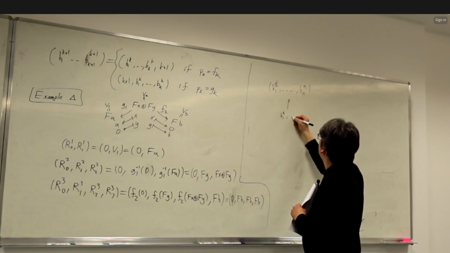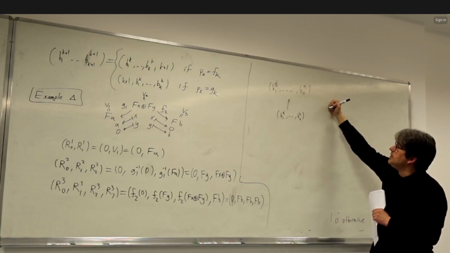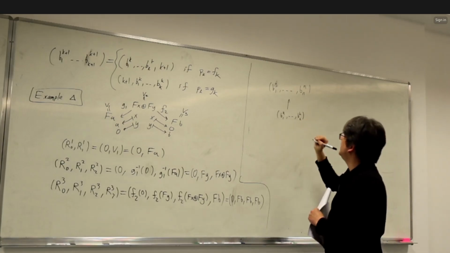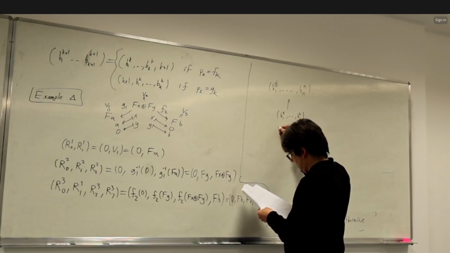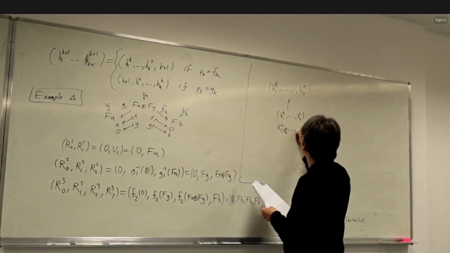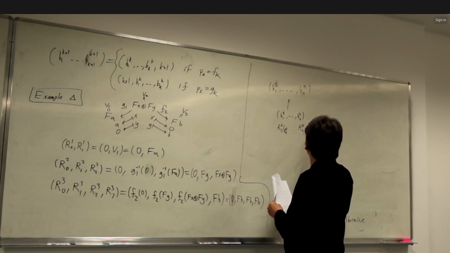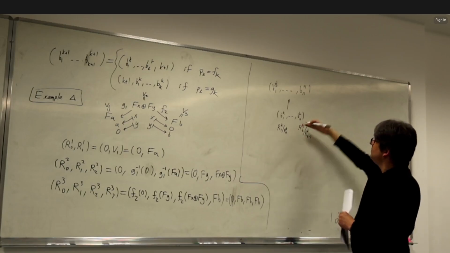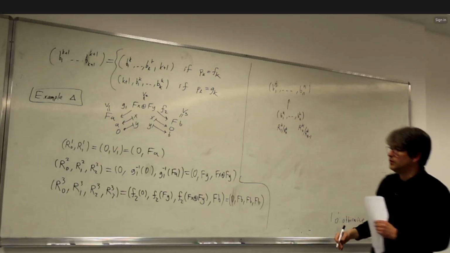So there will be a unique place where this bk will fit in. And then you write the row, just underneath it, you write the row R1k over R0k, and then RKK divided by RKK minus 1. And then when you look at these things, it will give you the barcode.